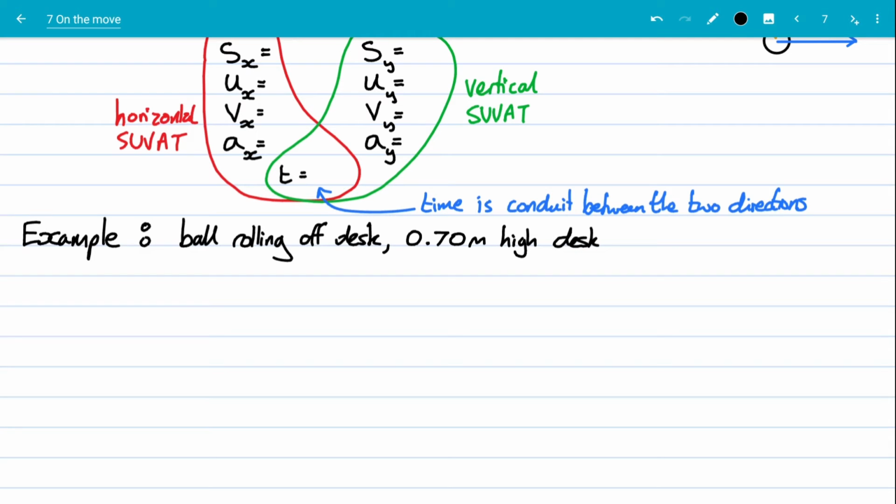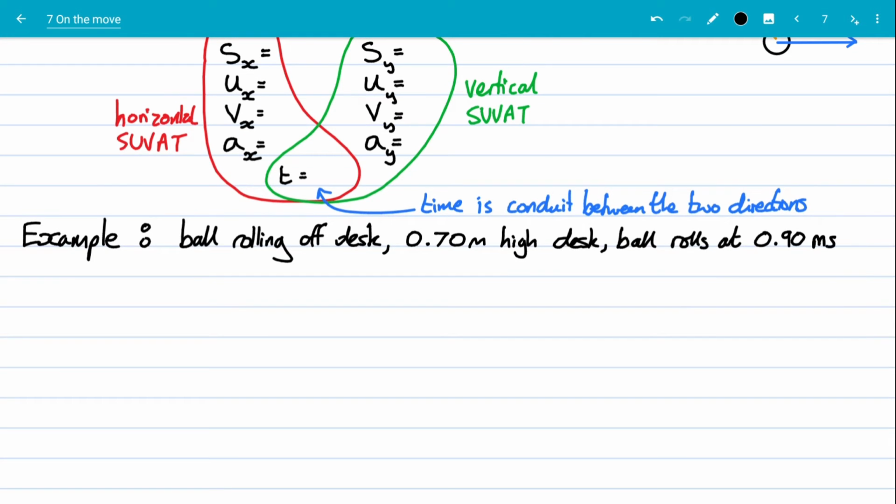And we're going to say that the ball rolls at, what will be a typical rolling speed of a ball? Maybe 0.90 meters per second, something like that. I chose some numbers. So the ball's rolling off a desk.